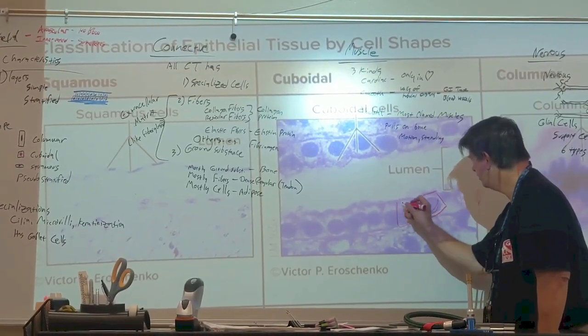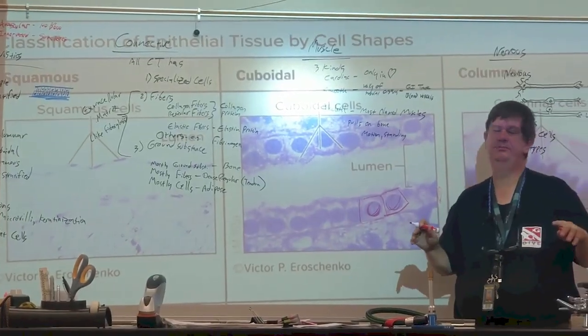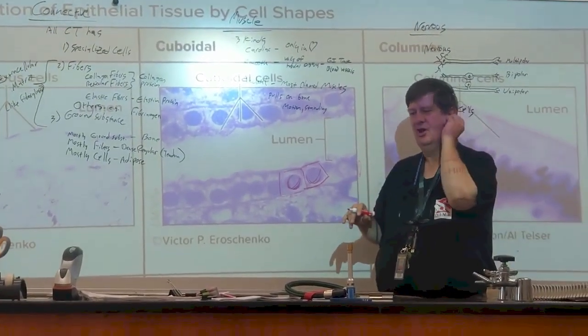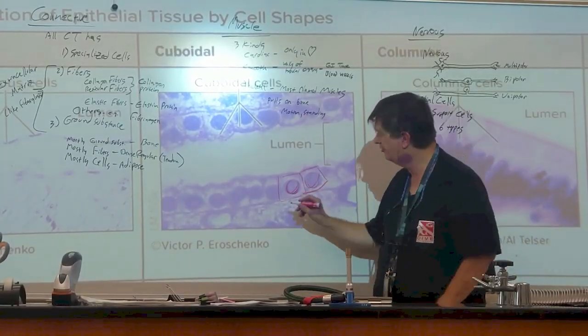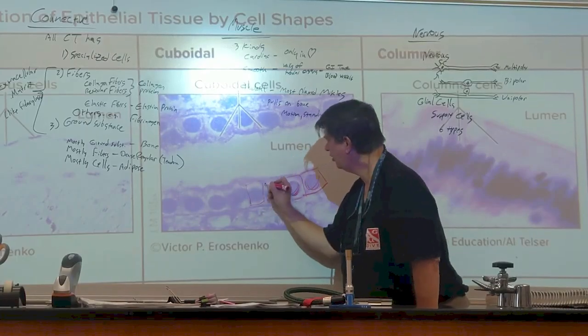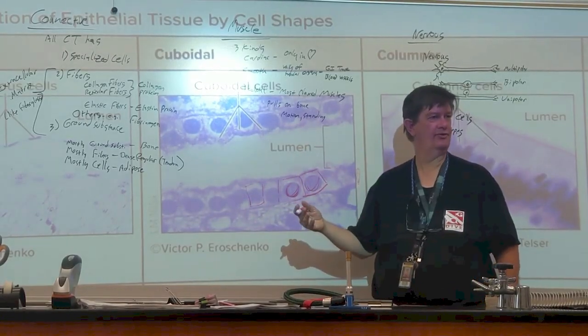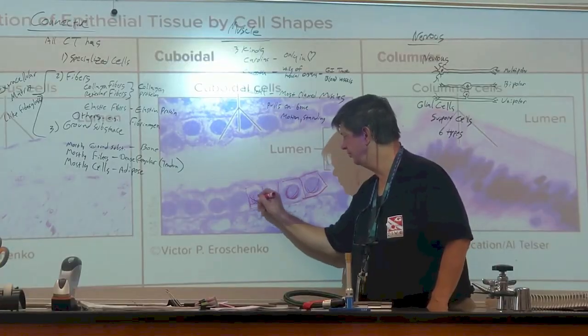Some of them, like this one right here that I'm working on, very much so. Of all the tissue types, the ones I most like, use your imagination, are the cuboidal cells. Because this clearly is a little taller than it is wide, but it's still a cuboidal cell. Are you with me? When you see a round nucleus, you should be thinking that is a cuboidal cell.